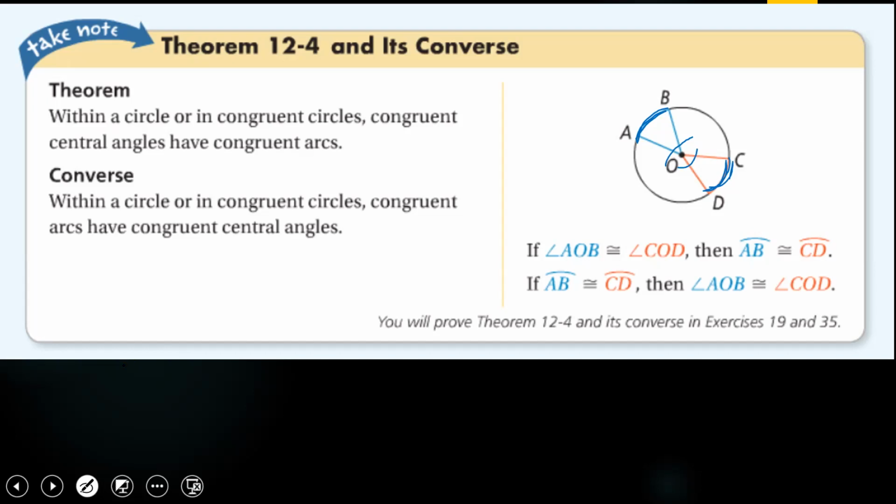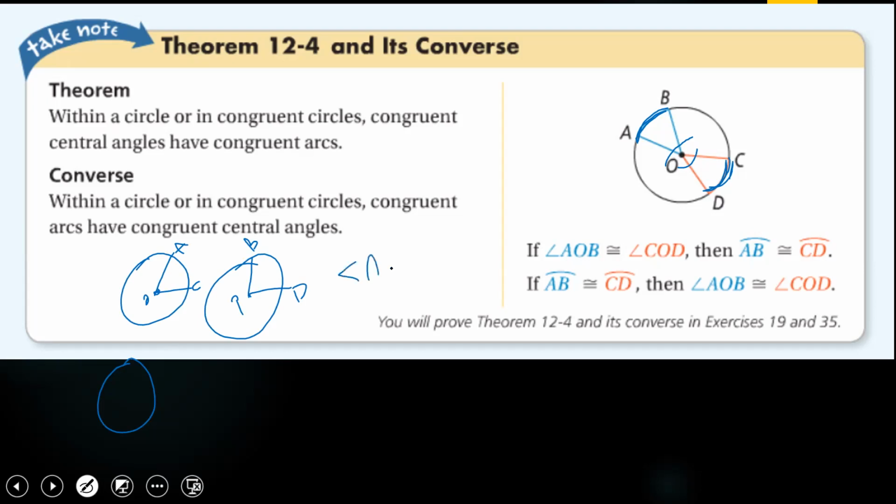What does it mean? Like if you have these two circles here, one with center O and the other with center P. If I tell you that angle AOC is congruent to angle BPD, then arc AC will be congruent to arc BD.